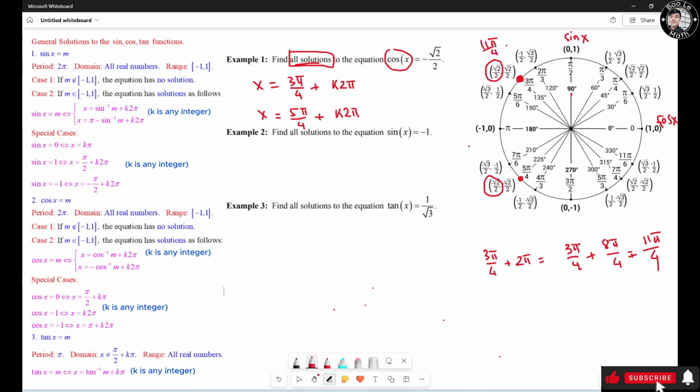This guy is 5 pi over 4, if you add 2 pi, it's going to be 5 pi over 4 plus 8 pi over 4, and it's going to be 13 pi over 4. Right, after one full cycle, this guy becomes 13 pi over 4.